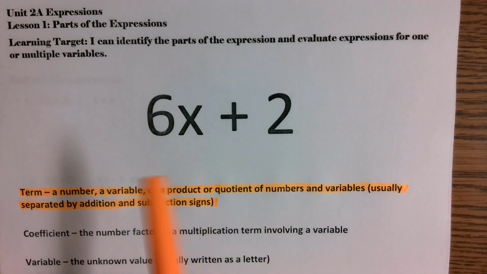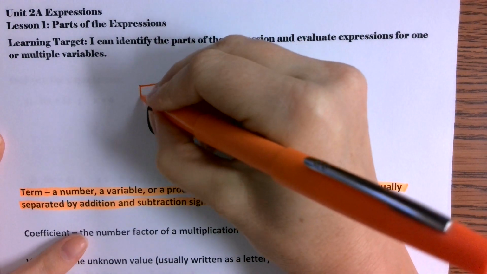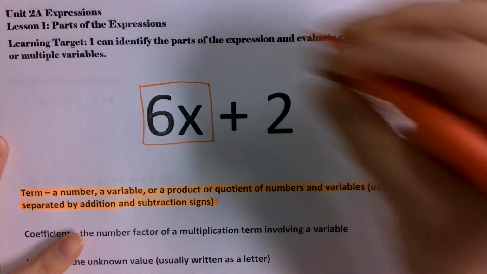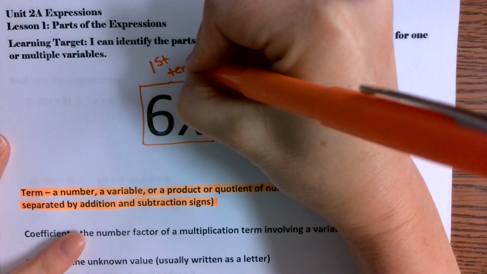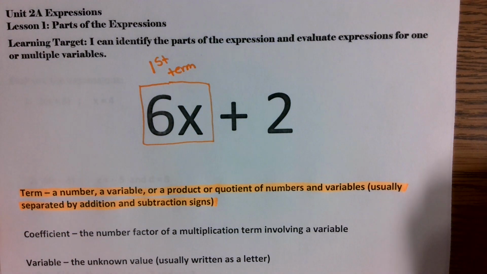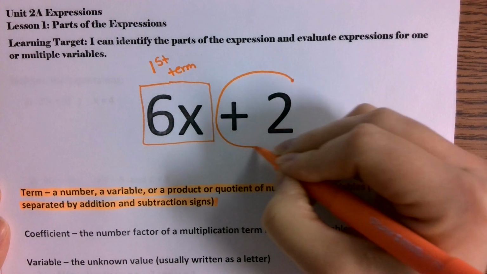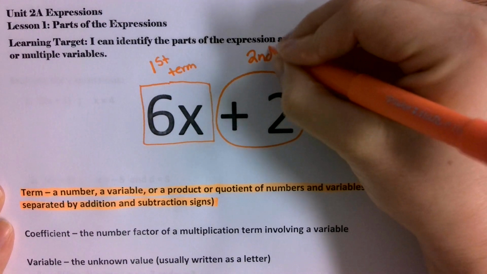So for this example up here, I actually have two separate terms. This value right here, the 6x, is considered to be my first term. And then this component right here is considered to be my second term.